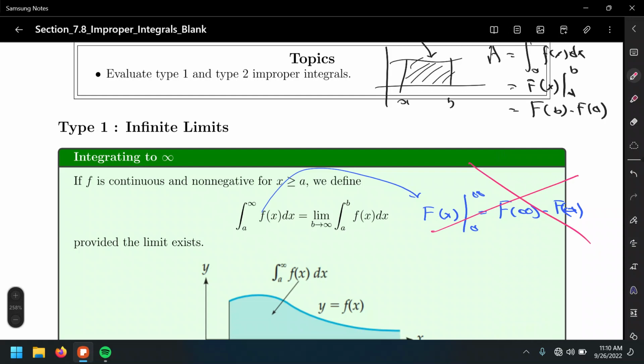Even though when we evaluate these limits, technically we're substituting the upper limit minus the lower limit, there is an issue with this notation. We cannot treat infinity like a number because infinity is just a symbol, just an idea of something that never ends, that just gets bigger and bigger. So we cannot do arithmetic operations with something we don't know how big it is minus a number.